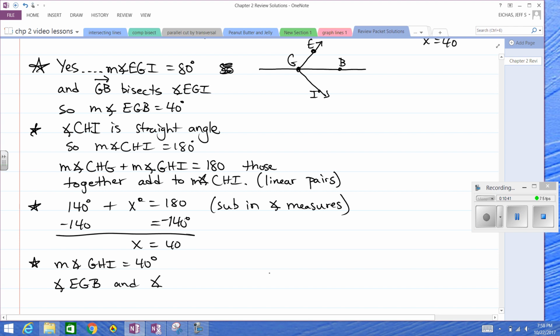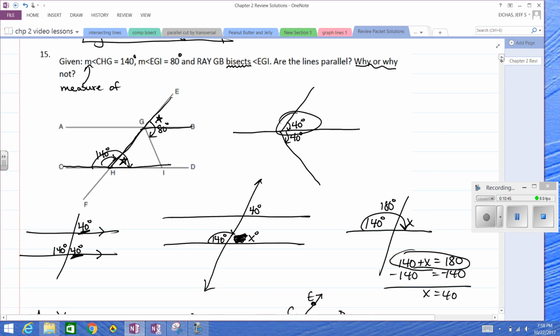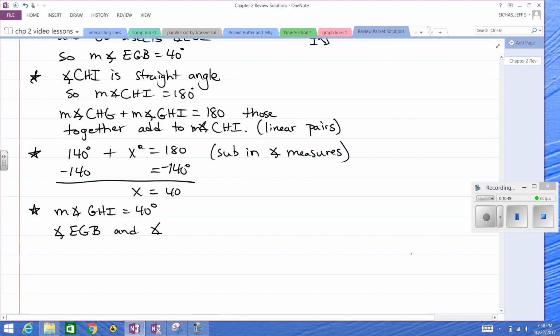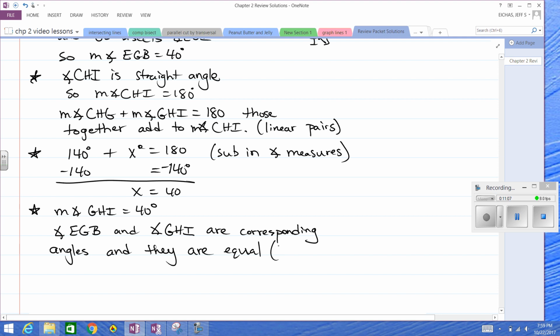And angle GBI. Is that right? I don't think so. GHI. Okay, so angle EGB and angle GHI are corresponding angles. And they are equal. Both measure 40 degrees.